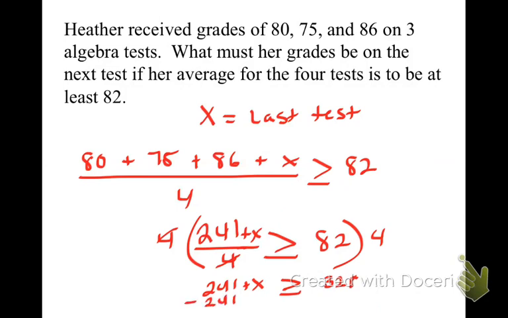Subtract 241, subtract 241, and we get x is greater than or equal to 8 minus 1 is 7. So my answer is x must be greater than or equal to 87. What does that mean? If you take it back to the story, she has to have at least an 87 to score an 82 in the class.